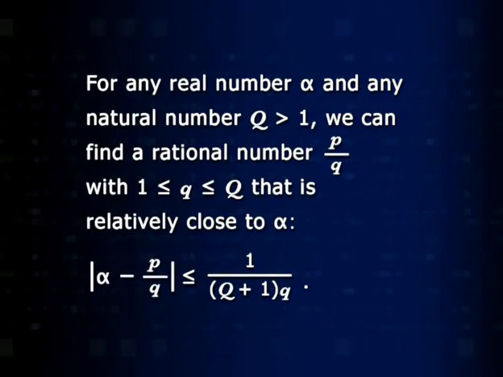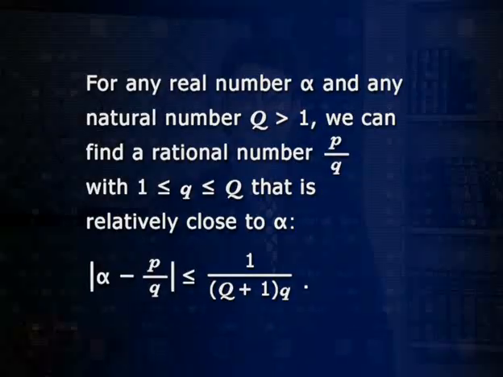Specifically, we have that the distance between alpha and p over q, measured by the absolute value of alpha minus p over q, is less than or equal to 1 over (capital Q plus 1) times little q.